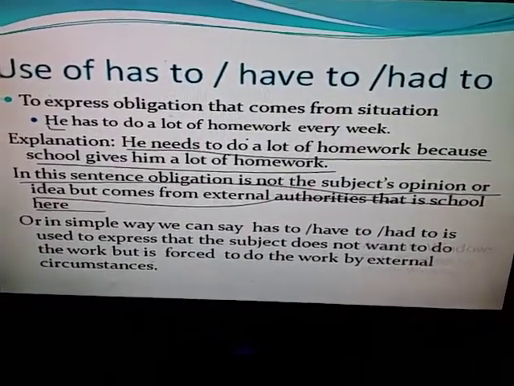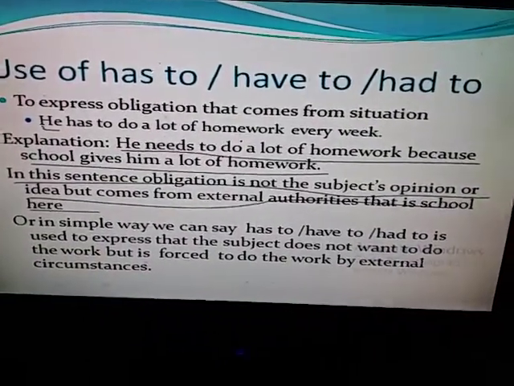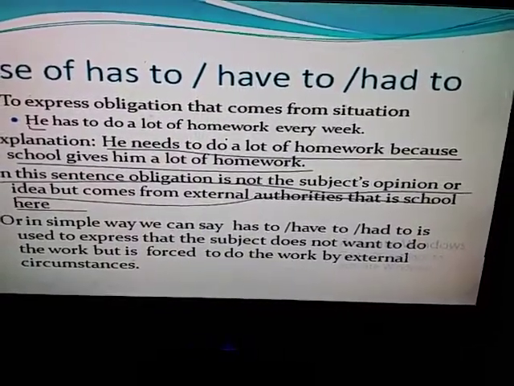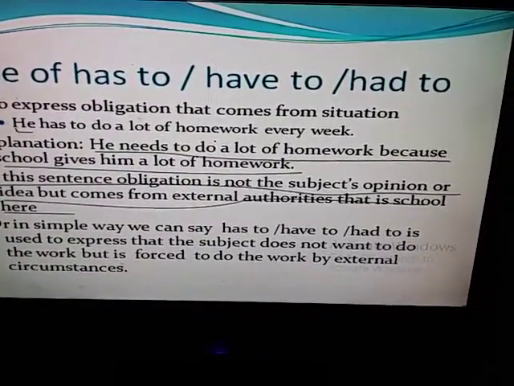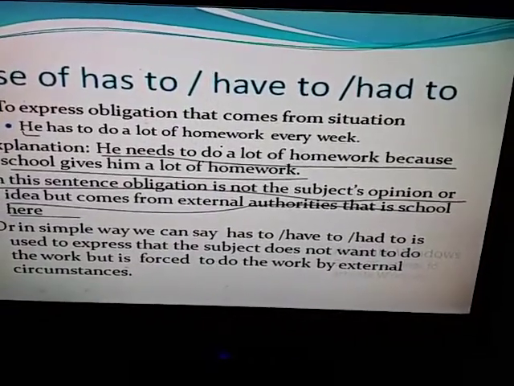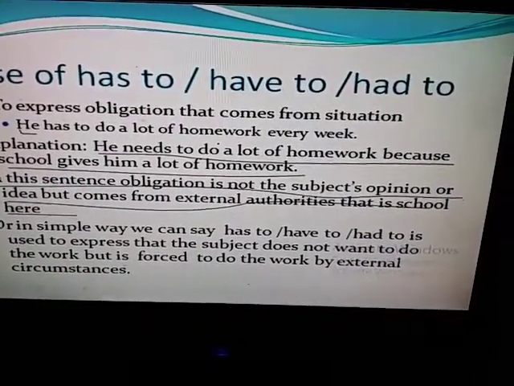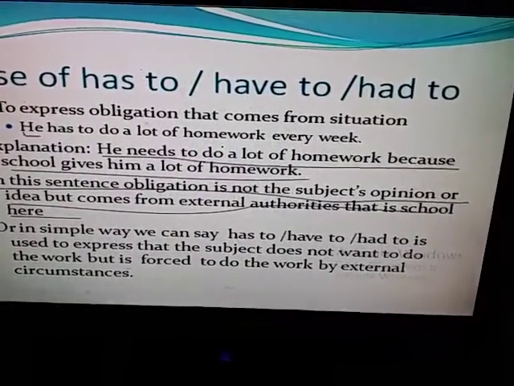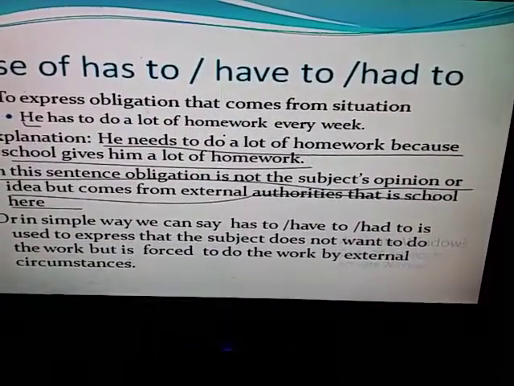So, whenever the subject does the work due to external circumstances or the situation, we use has to or have to in present tense and had to in past tense.